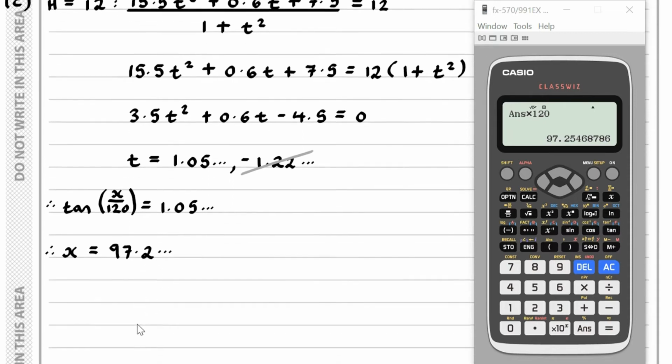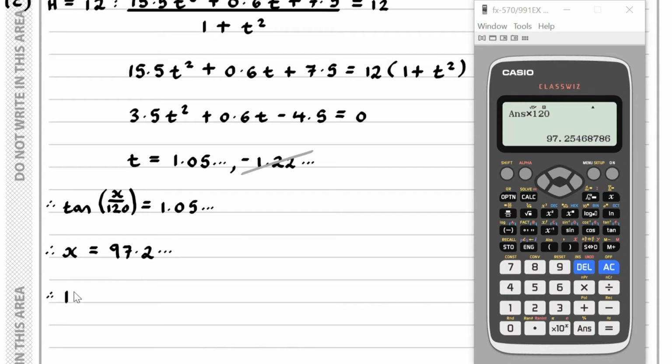And knowing that x is equal to 97.2, etc., what we need to do is add on 97.2, etc. days onto the 1st of January.